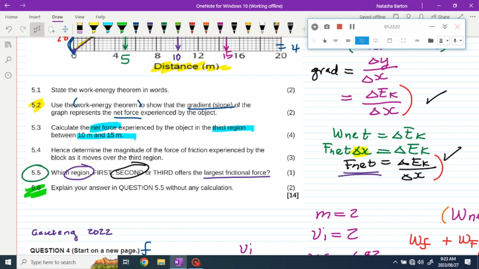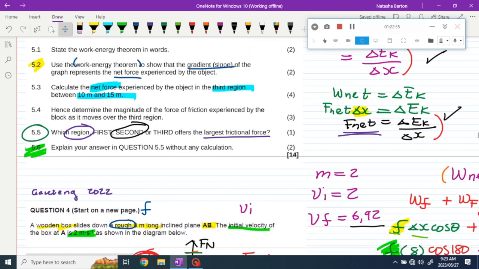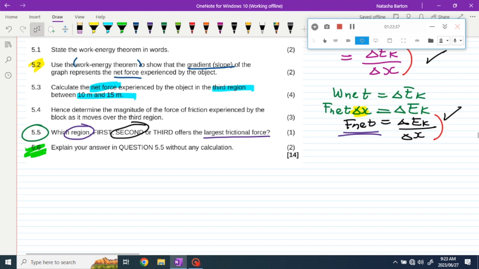To answer question 5.6, although it's only out of 2 marks, we are explaining. So I want you guys to think about what I taught you yesterday. In the section explanations, in your physics paper, explanation is about 35% of your paper. And how are you going to answer this? You're going to think control, independent variable, dependent variable, and the relationship between the two.